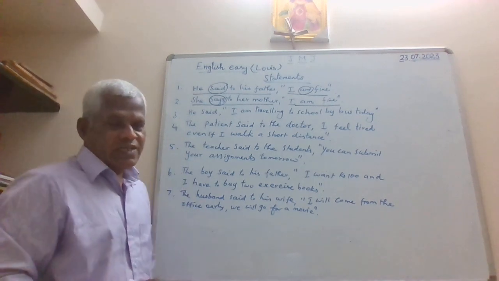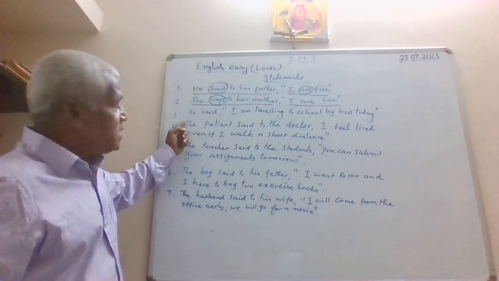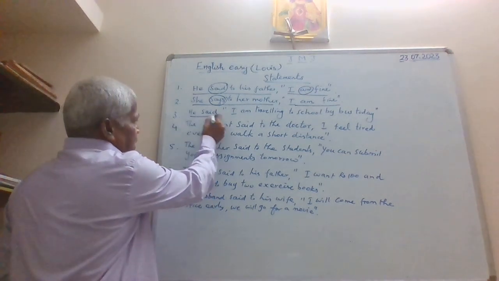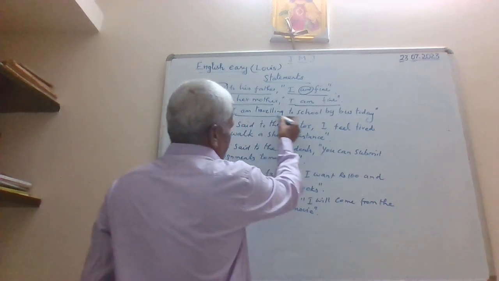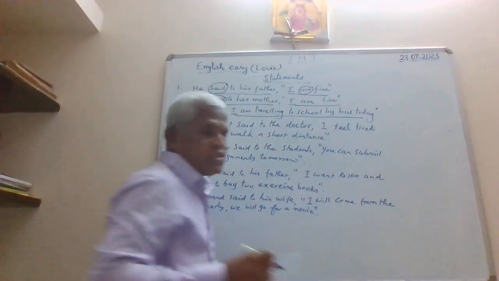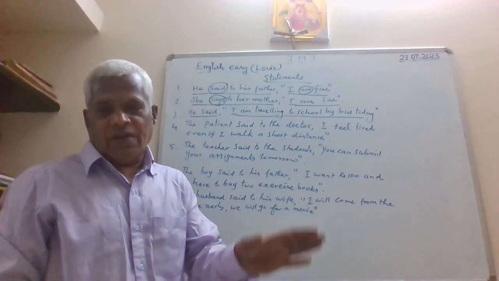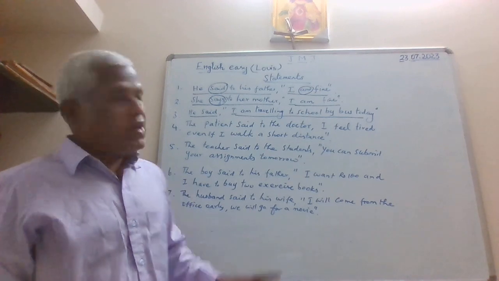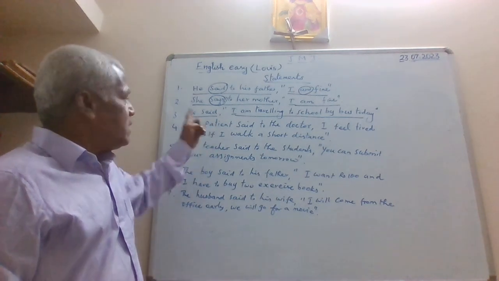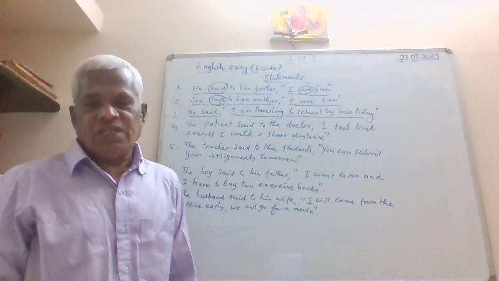Okay, now we move on to the next sentence. Look at the third sentence here. What is the third sentence here? He said, comma, open inverted commas, "I am traveling to school by bus today." It is a statement. These are the words spoken by the subject he, and he is the speaker.